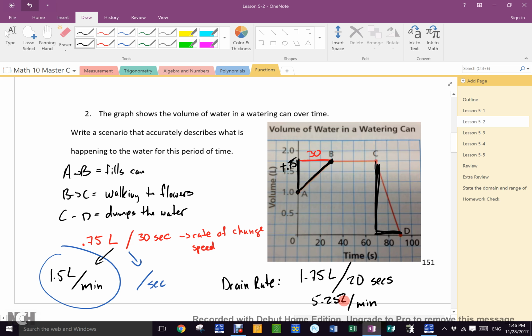Everybody cool? Okay. How is it represented on the graph? Which is the faster one? The drain rate, which is significantly steeper slope. Does everybody understand? Right?